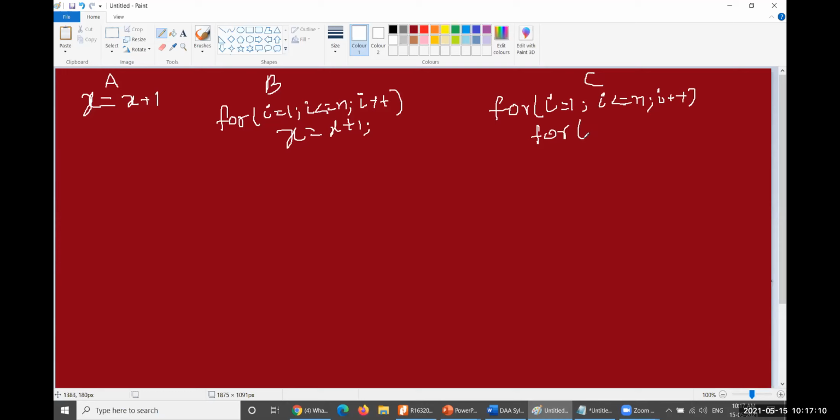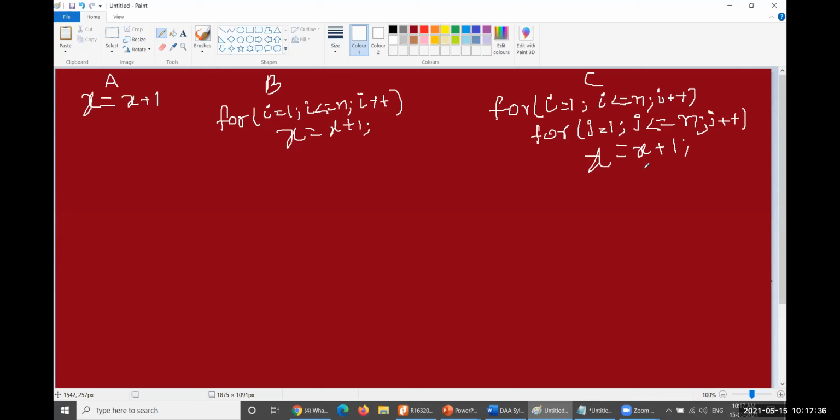For j equal to 1, j less than or equal to n, j plus plus. Now the same statement is taken into consideration, x equal to x plus 1. This is one more kind of program.